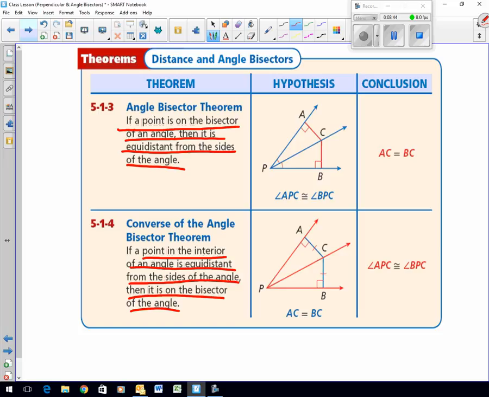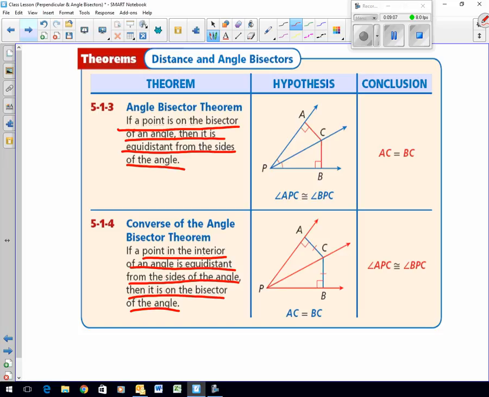Okay? So in this case, I have angle APB. It gets bisected by P to C. What does a bisector do? Cuts something in half. You cut a segment in half, you cut an angle in half.